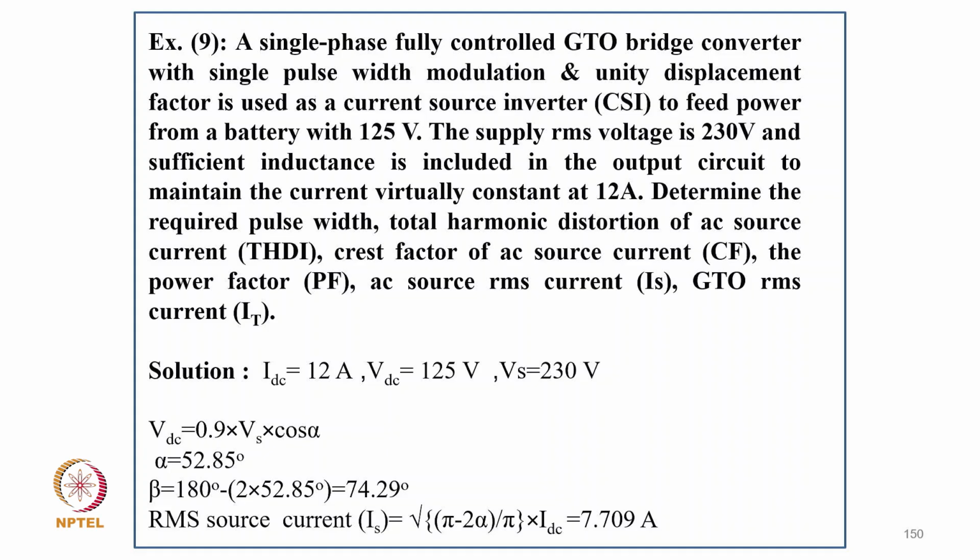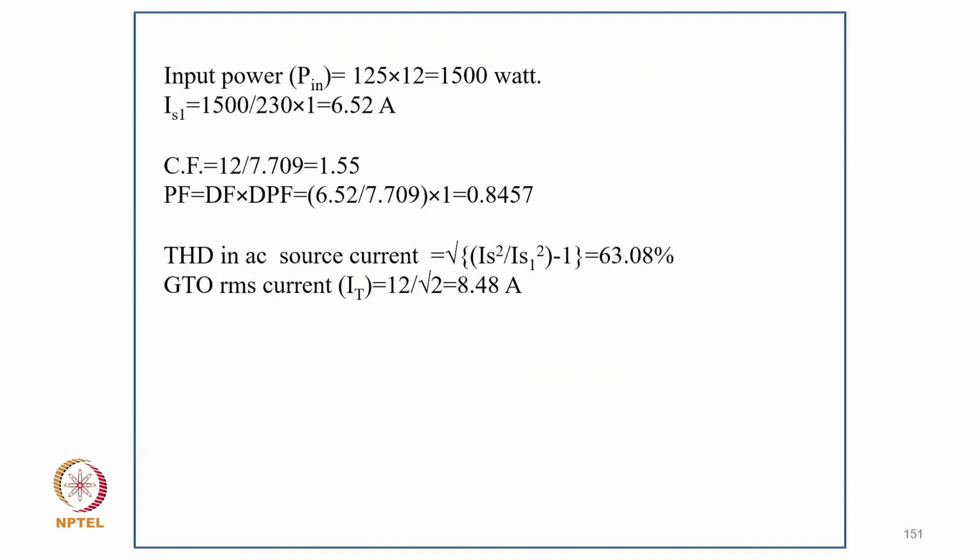So IDC equal to 12 ampere, VDC equal to 125, VS equal to 230, VDC equal to 0.5 into VS into cos alpha, and alpha equal to 52.85 degree, and beta equal to 180 minus 2 into 52.87, that is 74.29. RMS source current is under root of (pi minus 2 alpha) divided by pi into IDC, that comes to 7.709 ampere.